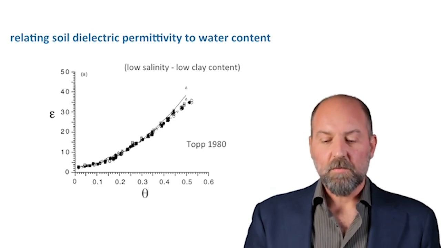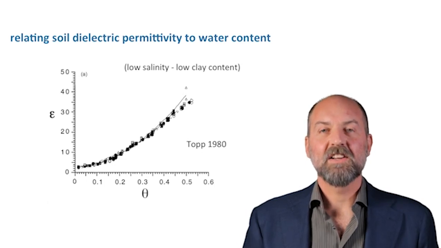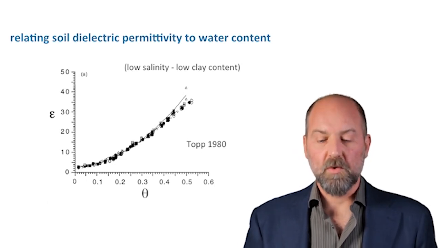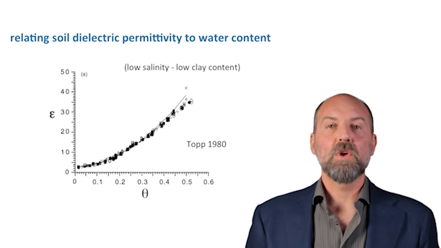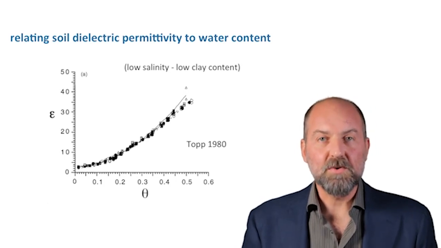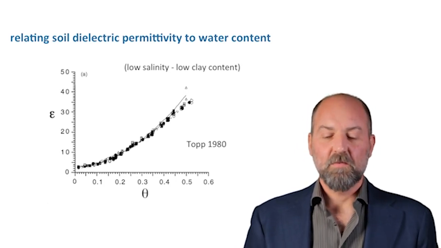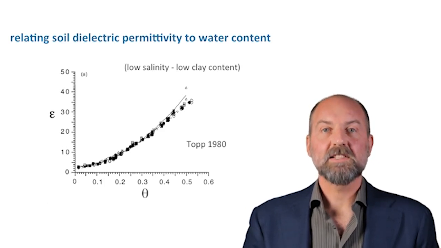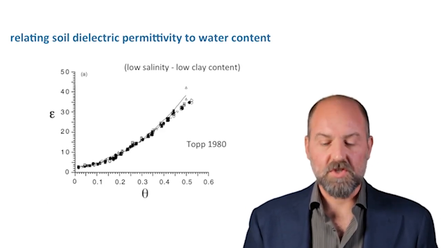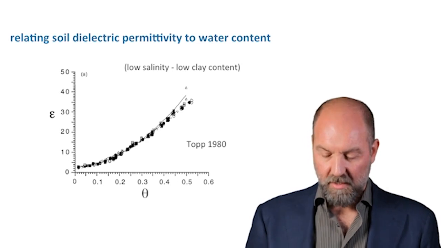Well, here we see a very strong correlation between water content and permittivity, which may induce us to think that we could obtain some sort of universal relationship between the two quantities.